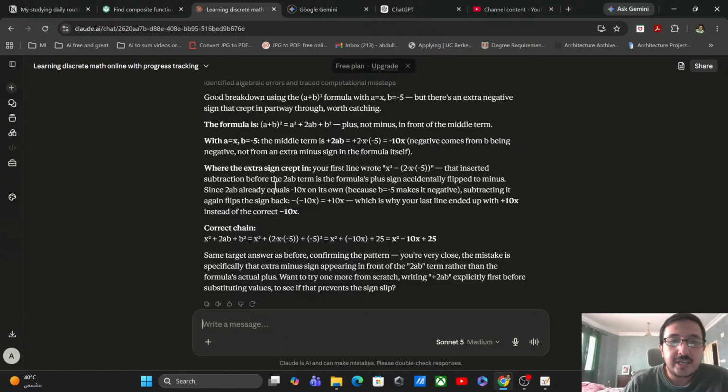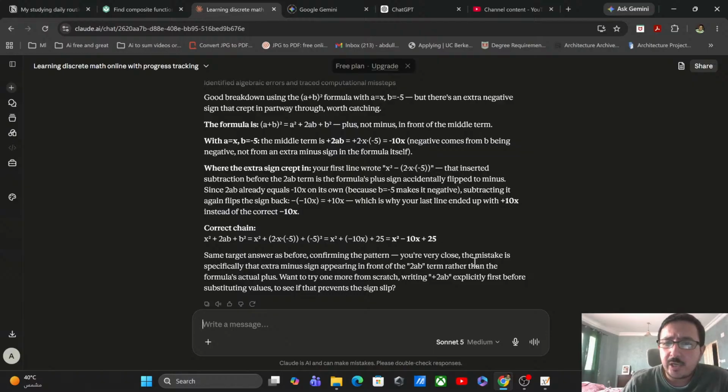Subtracting it again flips the sign back, which is why your last line ended up with plus instead of the correct minus.